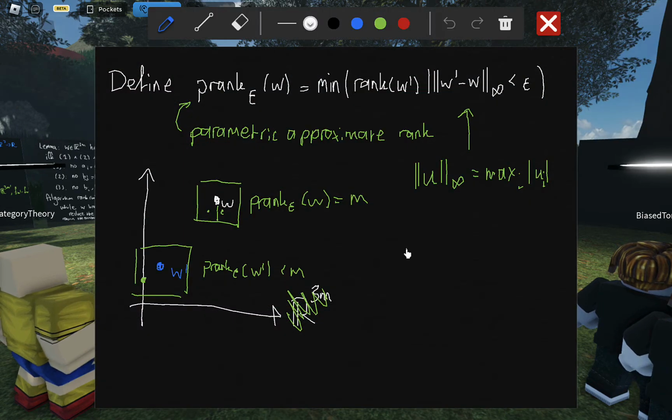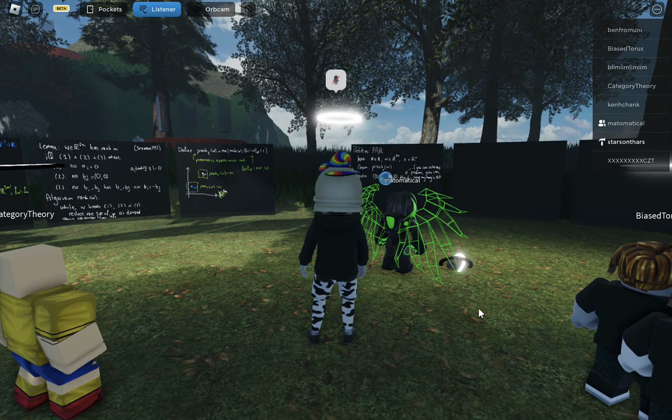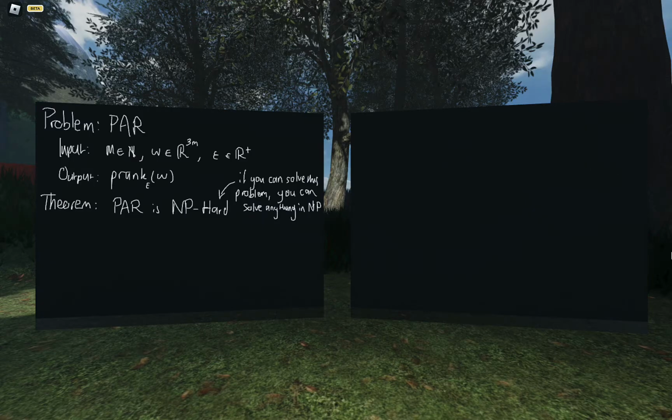You might have expected me to write NP complete. The difference is that NP complete problems are NP hard and are also themselves in NP. So this is like a greater than or equal to in difficulty: my theorem is that parametric approximate rank is at least as hard as the hardest problems in NP, while NP complete would say it's exactly as hard.